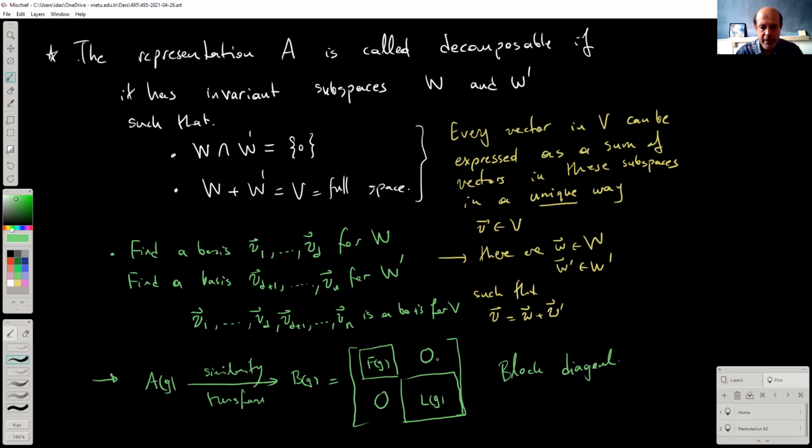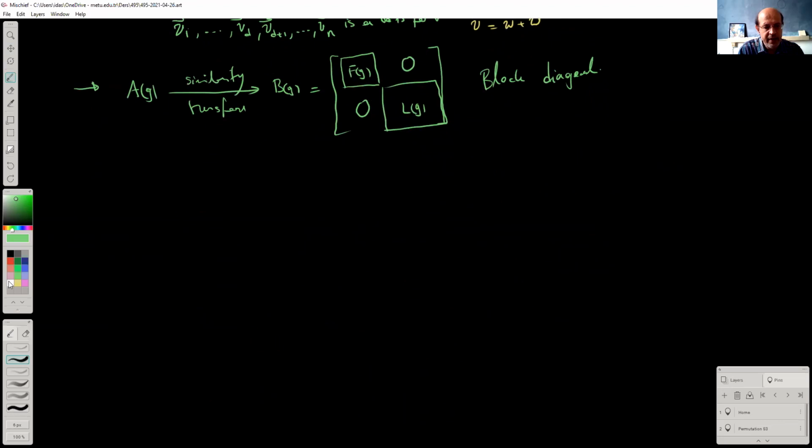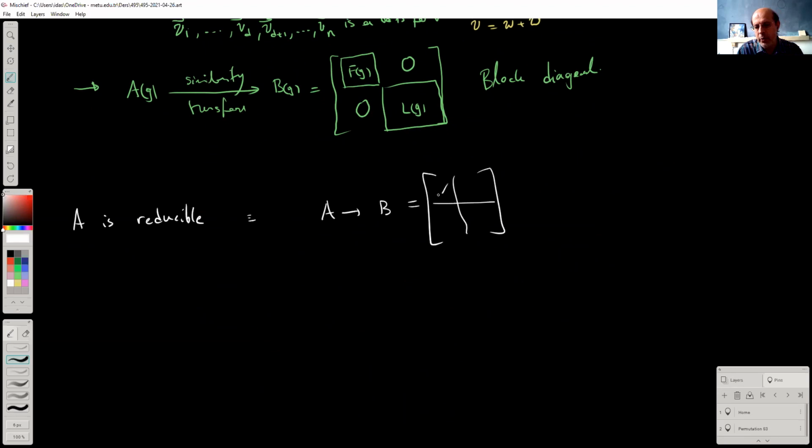So think of it like this. A is reducible means that there is a similarity transform such that A can be brought into this form where we have matrices in here and a 0 matrix in here.